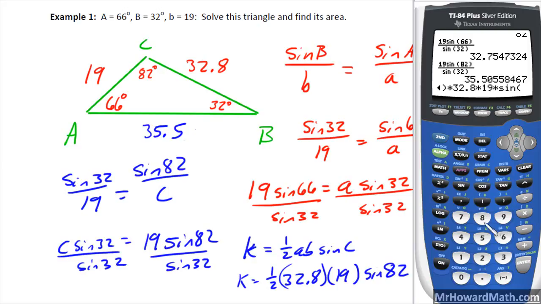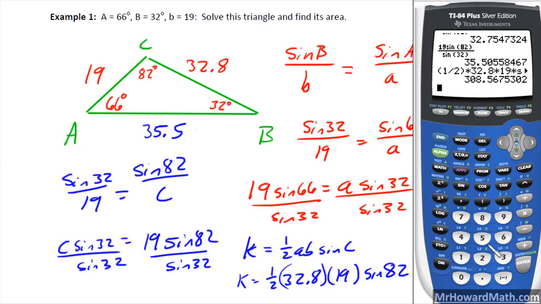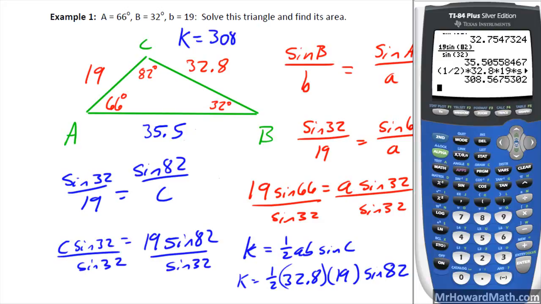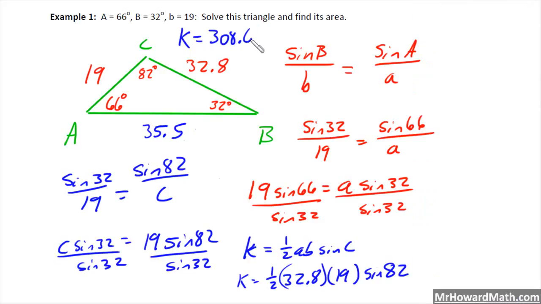We're in degree mode already here, and we get the area is 308.6 square units. So K is equal to 308.6 square units. They don't tell me what the units are, so we'll just go with units there.